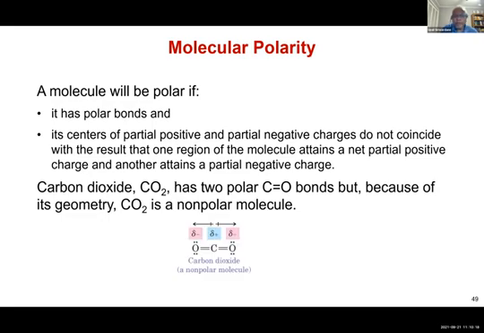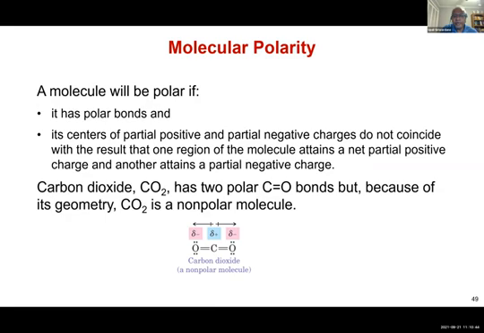The polarity of one carbon-oxygen bond is in the opposite direction to the other CO bond. Therefore, it's like a tug of war. When you pull in a line with equal forces, there's no movement.